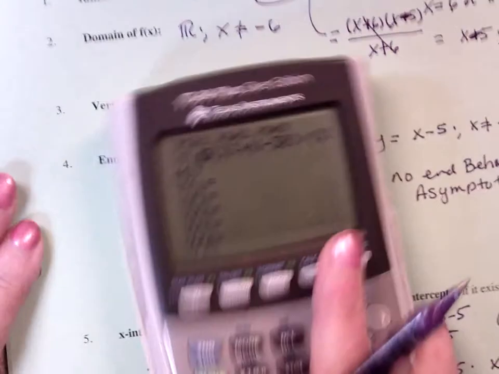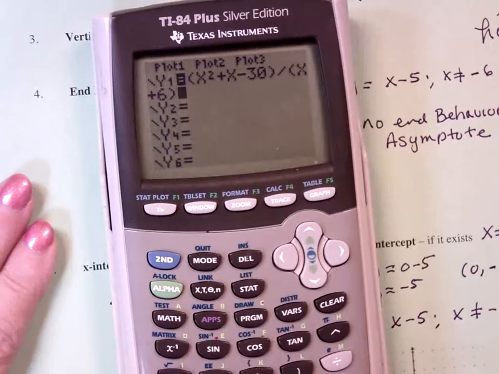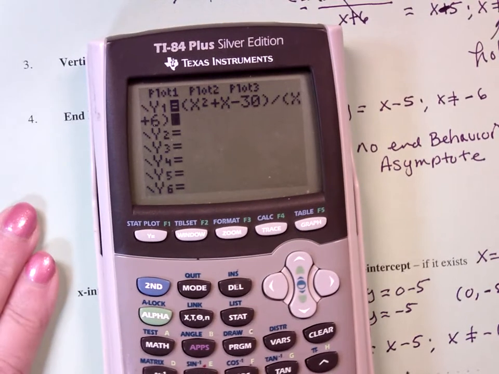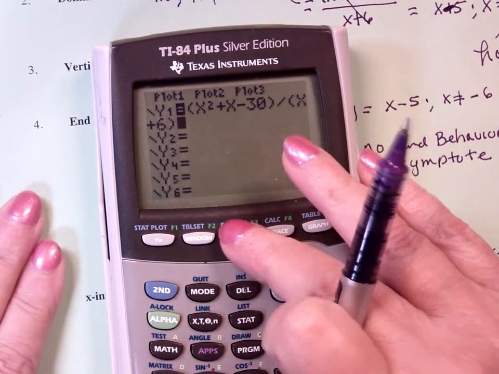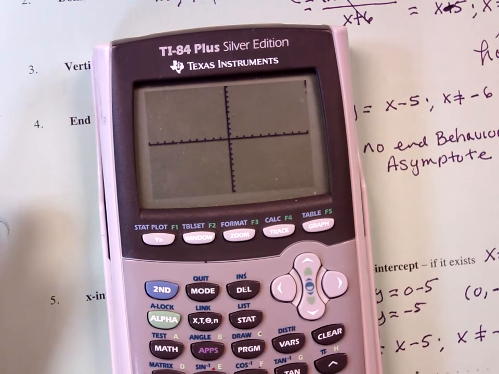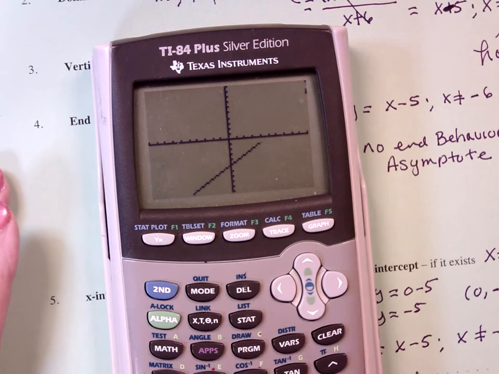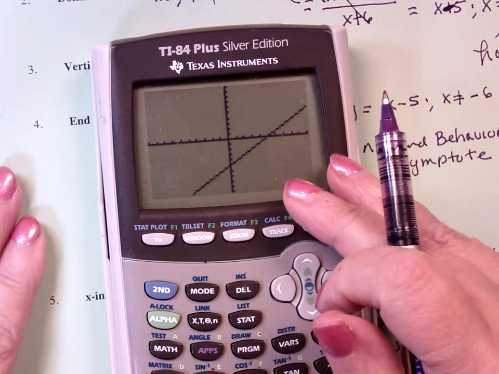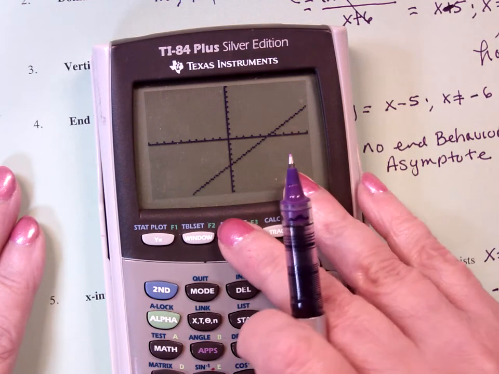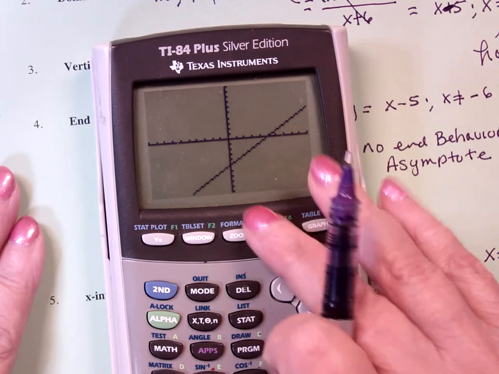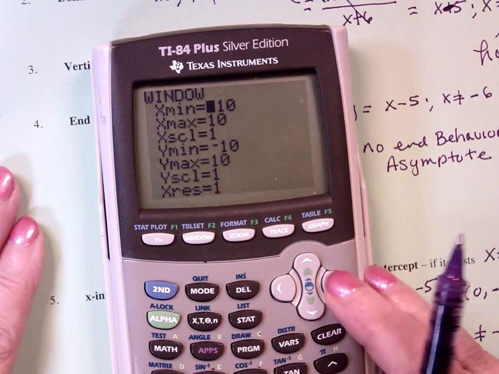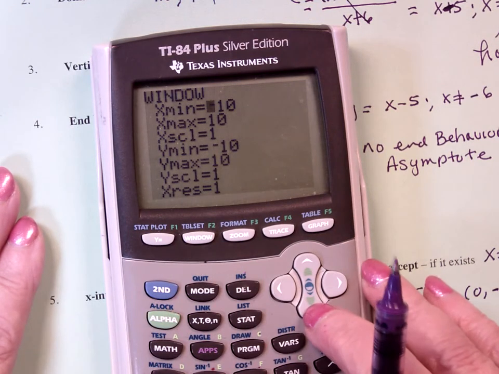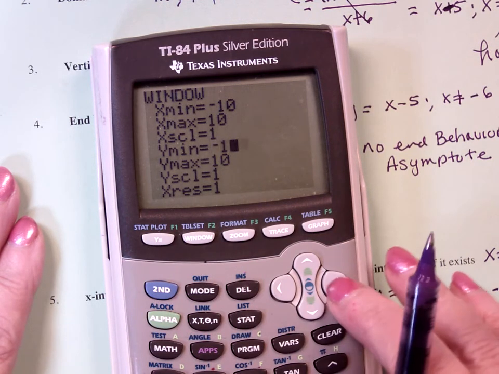Now I'm going to see if I can get a graph of this up. So I'm going to do a zoom standard, zoom 6. It's not going to hit there. And then I'm going to try to enlarge this window. The X's are fine, it's the Y's.